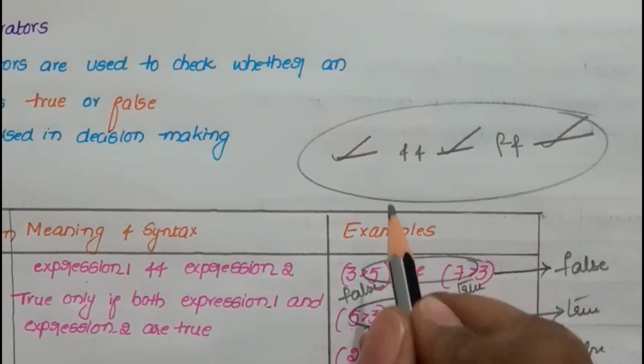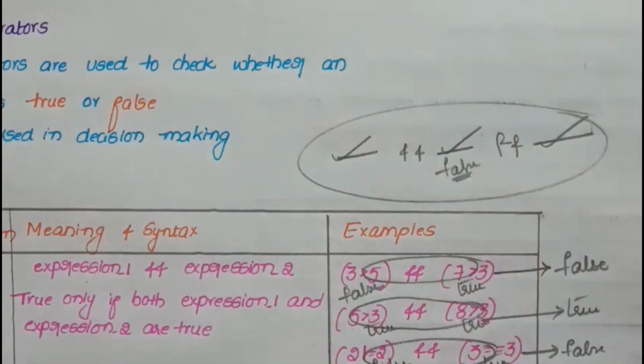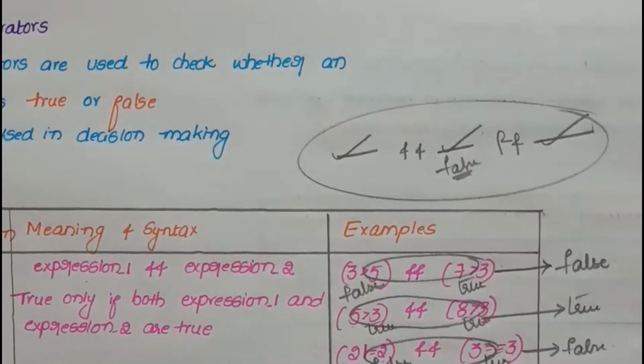If one of the expressions becomes false, let's say the second expression evaluates to false, the entire expression will be evaluated as false, because logical and expects every expression to be true, then the entire expression will be considered true.